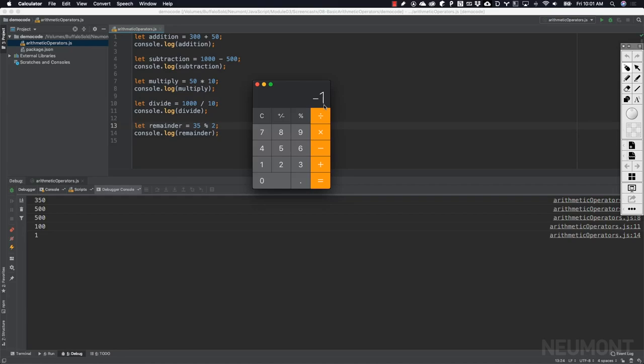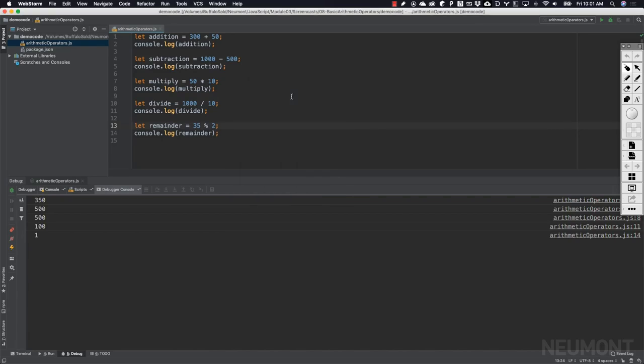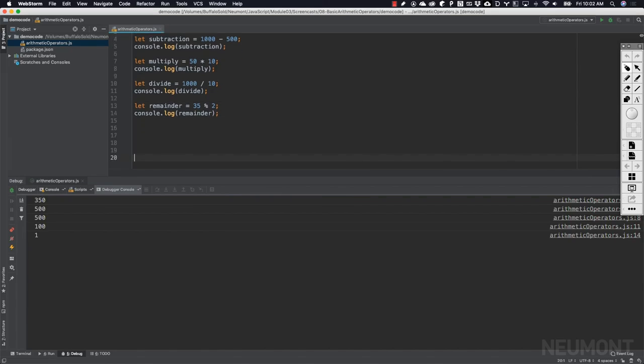I should have done the subtraction opposite so that we get a positive number. But you see right here that what we are getting when we use the remainder is what is left over after 2 has been divided into 35 as many times as it can. Then we take that number, multiply it by the 2, and subtract it from the original number, and that gives us the remainder, or the leftover amount. All right, so that is remainder.